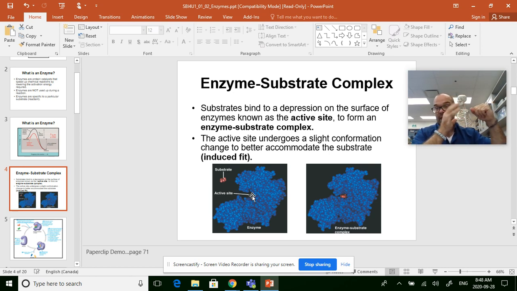Enzyme, substrate, it comes in, changes shape a little bit, and that little bit of shape change puts stress on the bonds that are in there. That's why it requires less energy, because the enzyme is stressing those bonds, so less energy is required to break them apart or rearrange them.